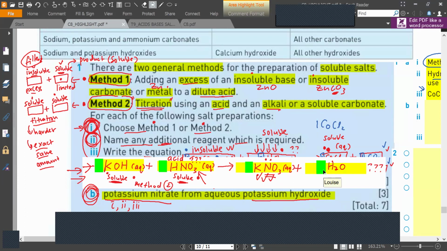One. No, two. Actually it's one, because one potassium, one nitrate. Potassium is 1 plus, nitrate is negative 1, so we only need one each. So potassium hydroxide is 1. How about nitric acid?